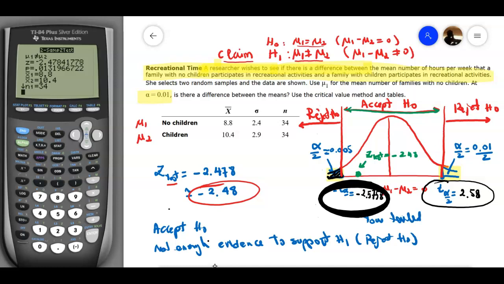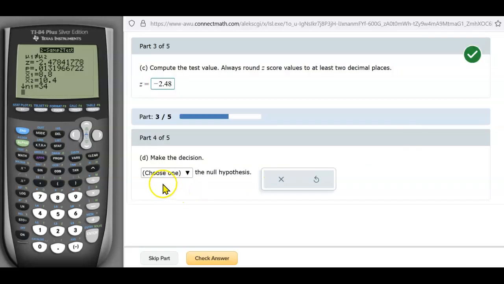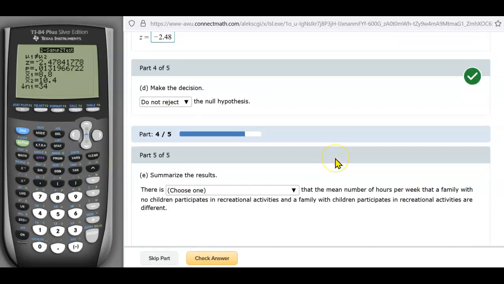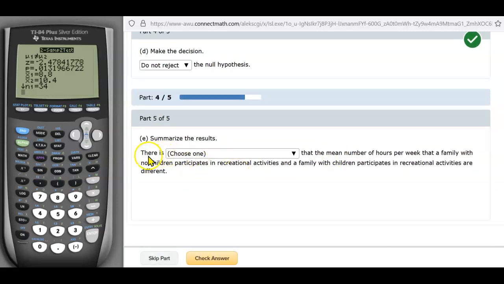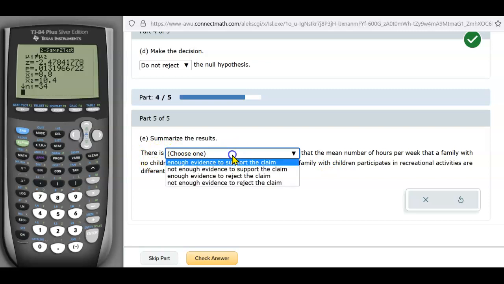All right, so let's see what we got on the question. We know we're going to accept H0. Accept means do not reject the null hypothesis. Check it. And the last one, there is or there is not enough evidence?